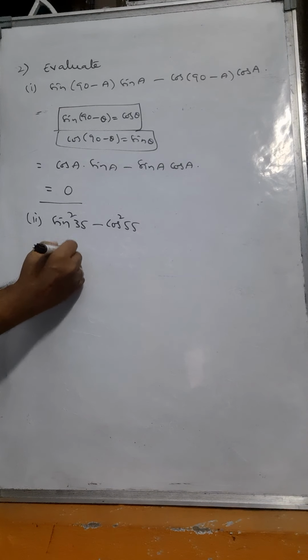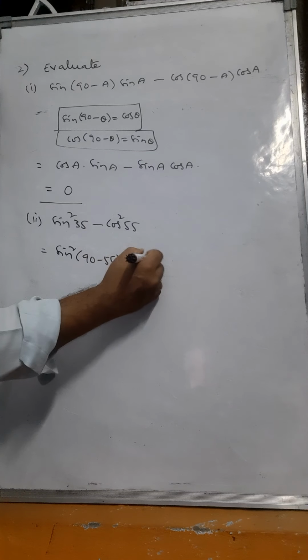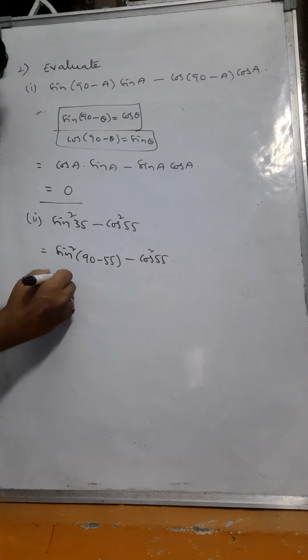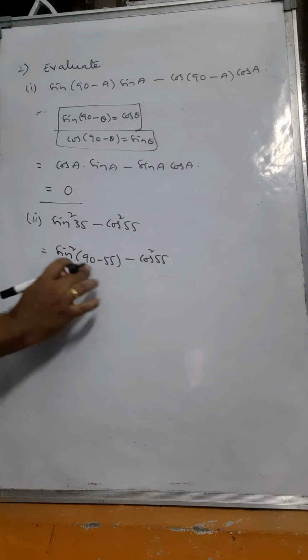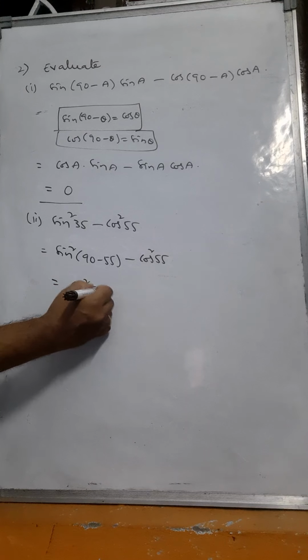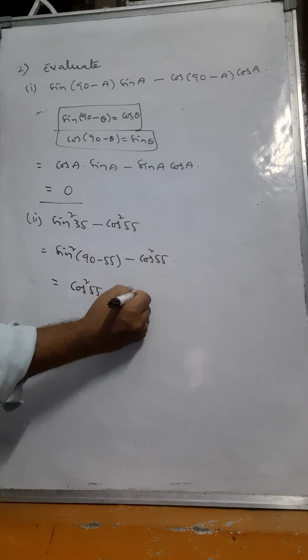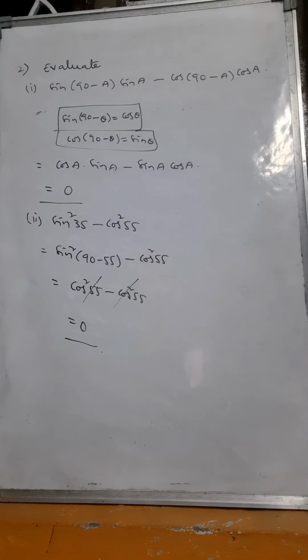So sin square(90 minus 55) minus cos square 55. Sin(90 minus theta) means cos theta. So cos square 55 minus cos square 55. Both will get cancelled, that is equal to 0.